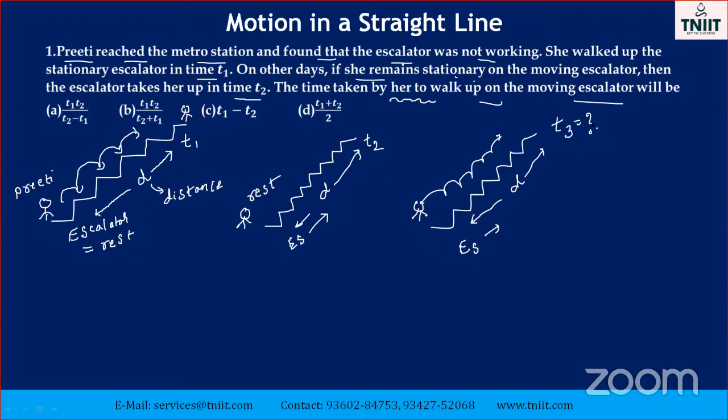Students, the distance traveled by Preeti from the initial position to the final position will be the same in all three cases, only the ways of climbing are different. Now you know that the time taken, the basic definition of time, is nothing but the distance traveled divided by the velocity. How to calculate the time T1?